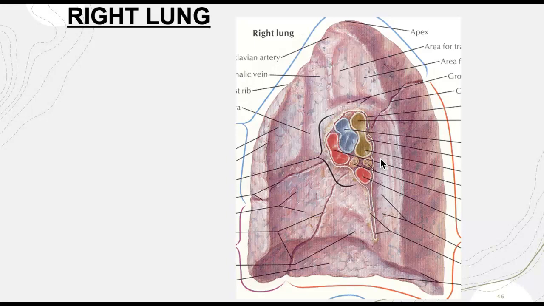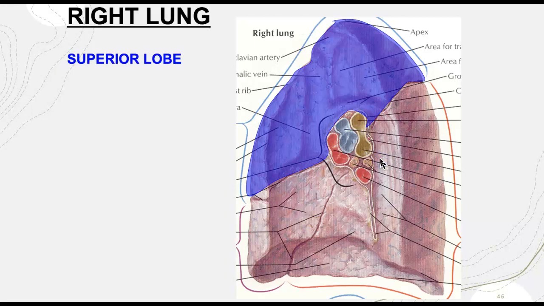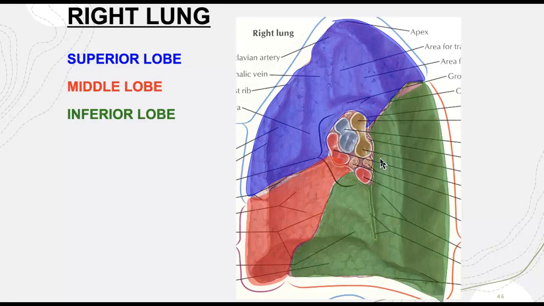Now, taking a look at this right lung, we said we have 3 different lobes. Our first lobe is going to be known as the superior lobe here, sometimes also called the upper lobe. Then we have our middle lobe, and lastly our inferior lobe, or sometimes it is called our lower lobe. And these lobes are separated out by fissures.